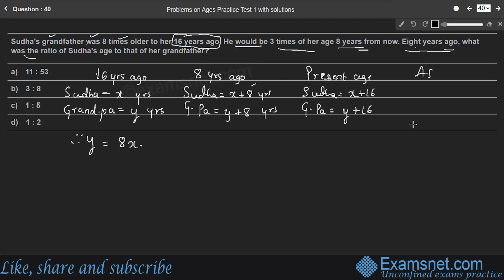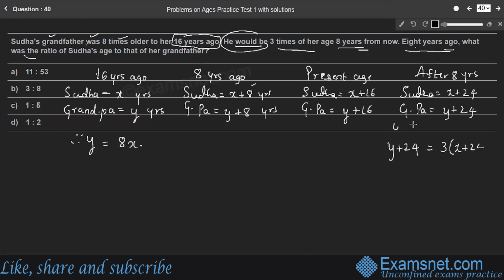So after 8 years, Sudha's age will be X plus 24, since 16 plus 8 is 24, and her grandpa's age will be Y plus 24. Grandpa would be 3 times of her age, so Y plus 24 will be 3 times X plus 24.